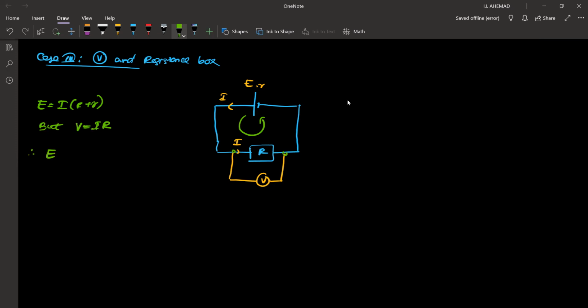Therefore, E is equal to IR. We have to somehow eliminate I. Okay. So V is equal to IR. That means we get R plus r. Now E is equal to V plus Vr over R.